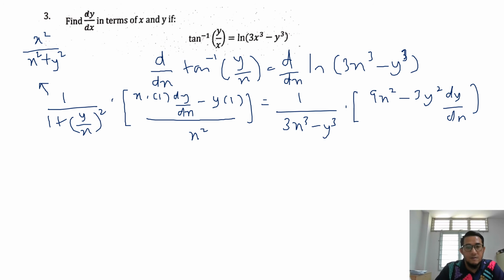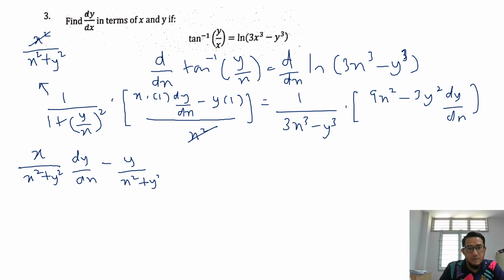Okay, right. So let's say I expand this. I think we can cancel this part and this part. So I think also this one you can multiply. So if you multiply, you should get x over x squared plus y squared dy/dx minus y over x squared plus y squared, equals to, this one also you expand.